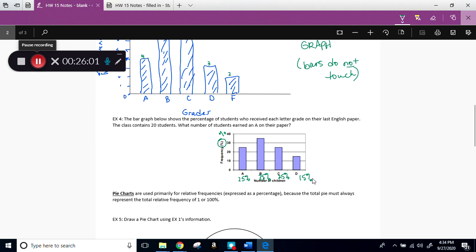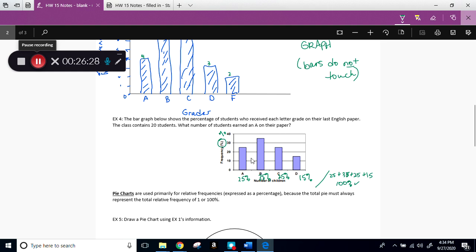Okay? So again, just to check myself, these should add up to 100%. So we're talking about a whole class here. All together it should be 100%. So if I add all that up, the 25 plus 35 plus 25 plus 15, I should get 100%, and I do.